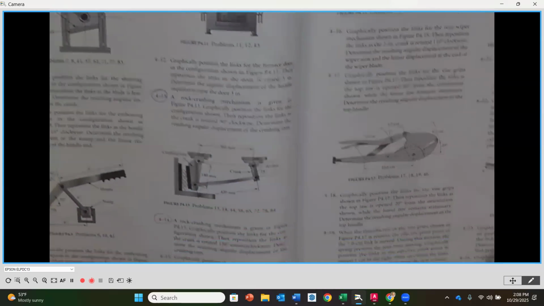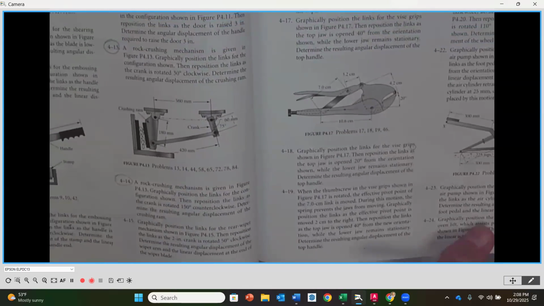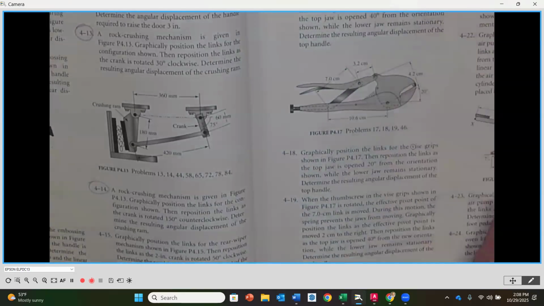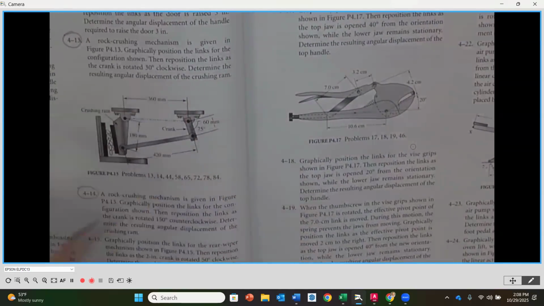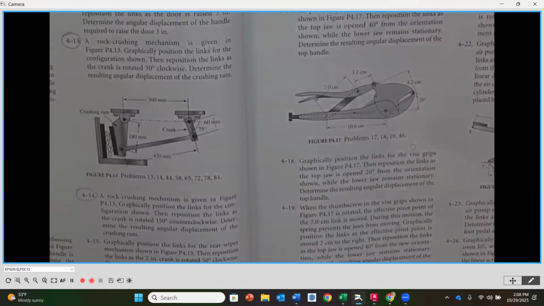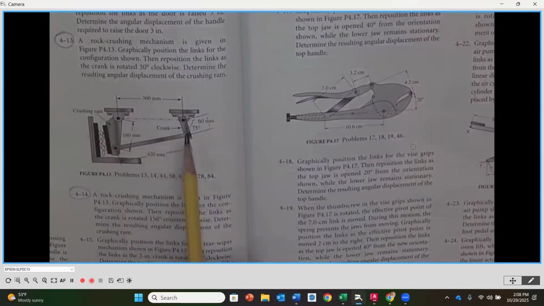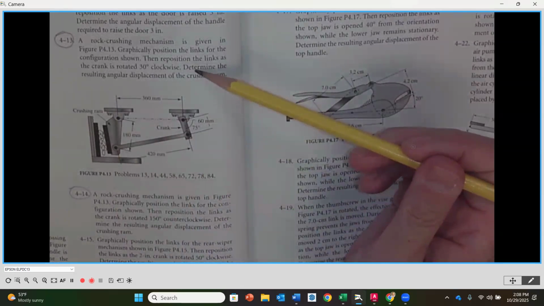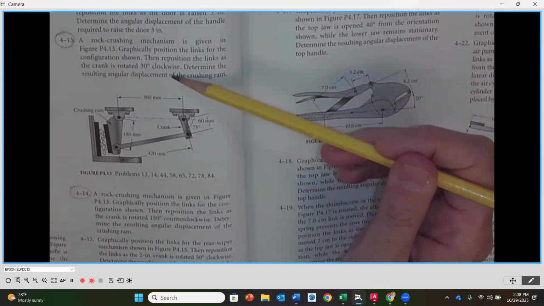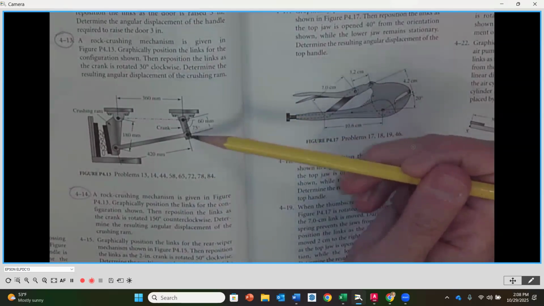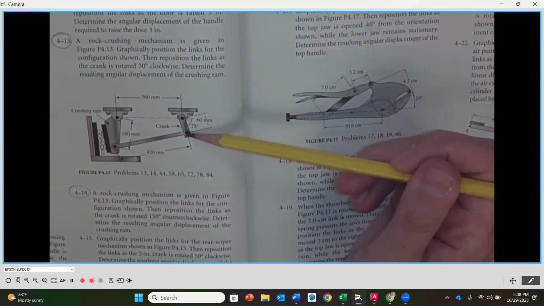And then for 4-13 and 4-14, you're going to be using this diagram that you see here, okay? The rock crushing diagram, and you're going to reposition from this, if you would, home position. The first one, you're going to rotate the crank 30 degrees clockwise. Here's your crank over here. It's identifying it for you.